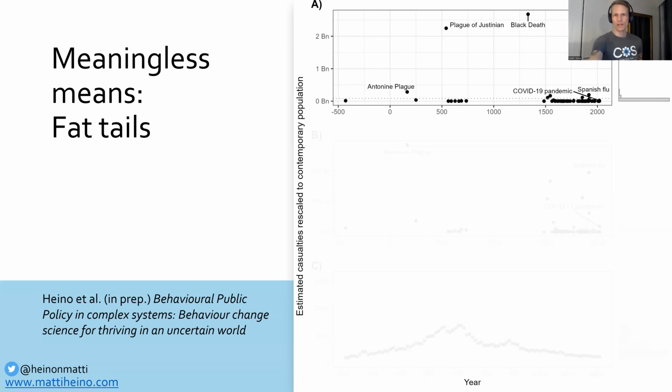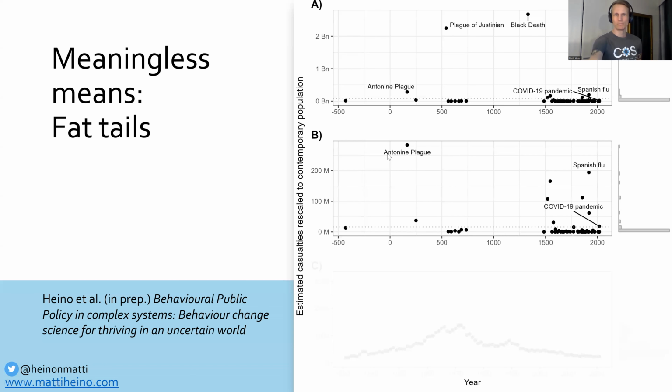But if you would do that and you would crop the scale here, so now this is only in millions, and we ignore everything that's over 1 billion, you see that the same shape of the histogram still stands.